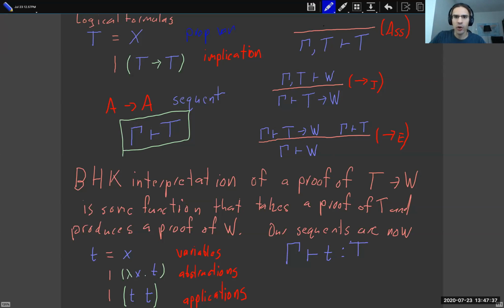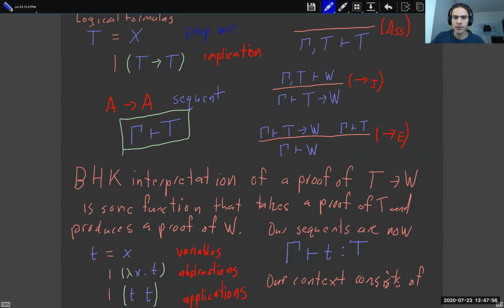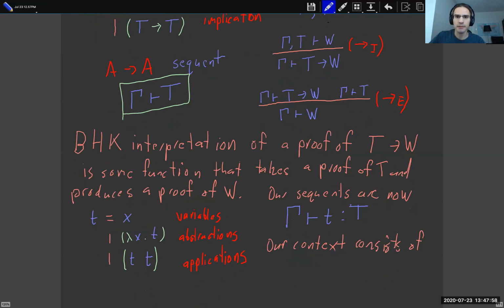And our context also changes. Our context now consists of bindings of variables to formulas.